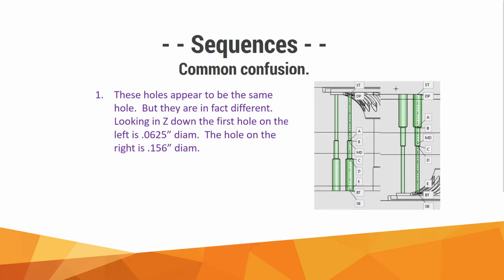When we attach these anchors, you can see that the anchor for A on the right is different than the anchor for A on the left, and because of that, it makes them different holes. Just something to keep in mind as you're developing your sequences.